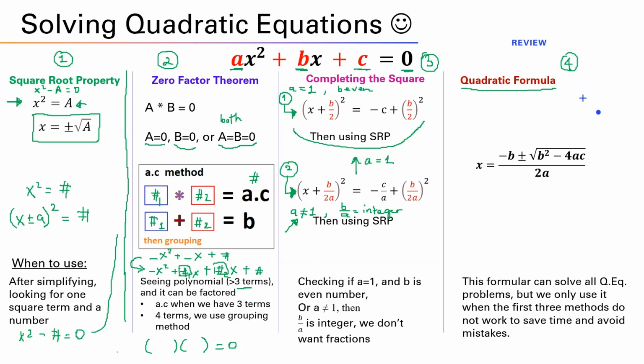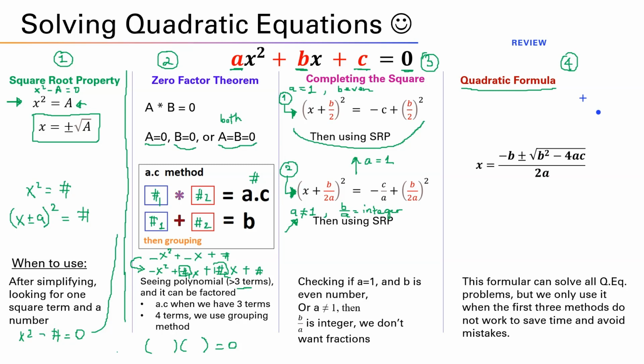Because that will save your time and avoid the mistakes you may make during calculating the algebra operations, like subtracting all the numbers or multiplications, all of the calculations. You may make more mistakes while solving the problem. So just follow that path.